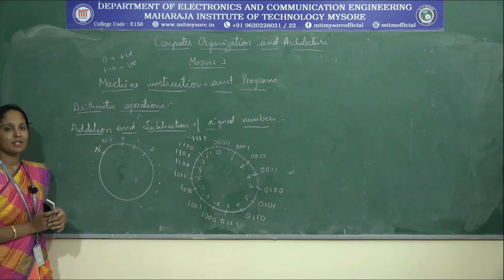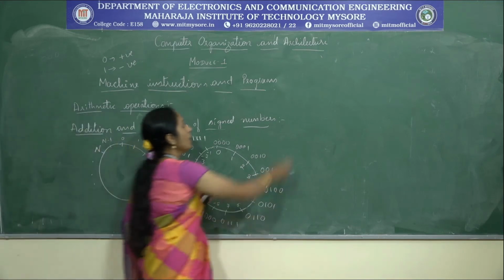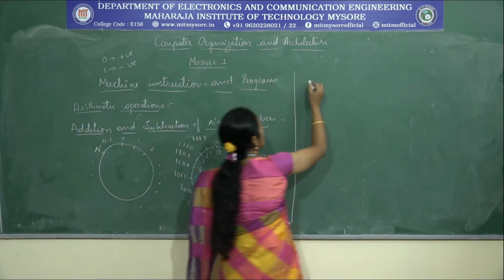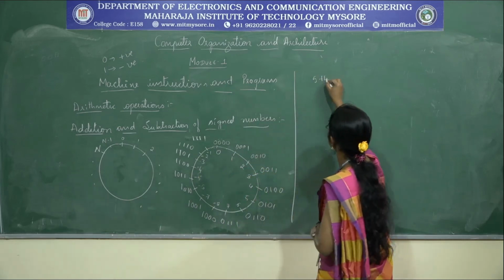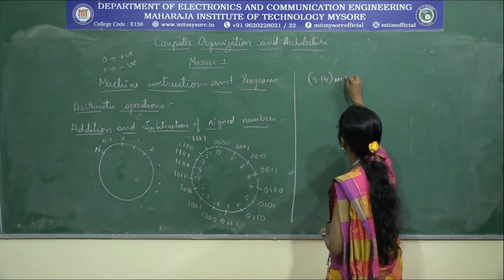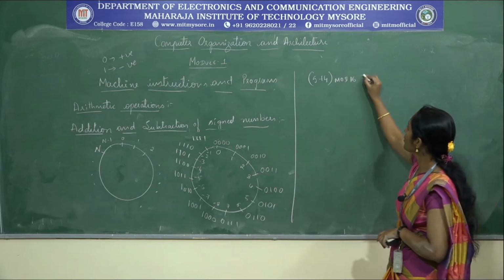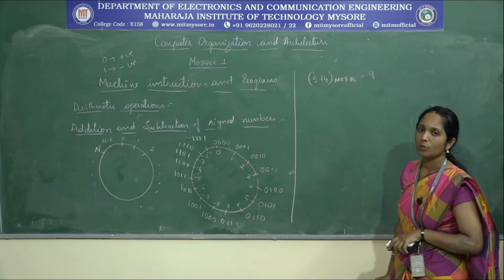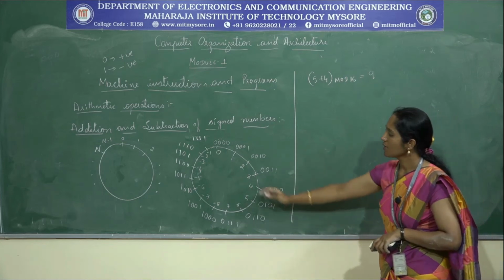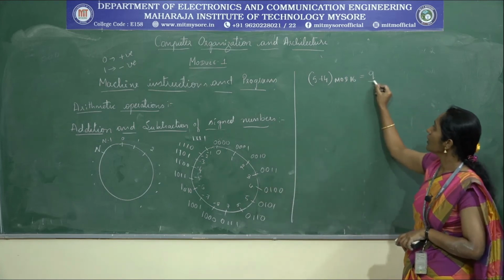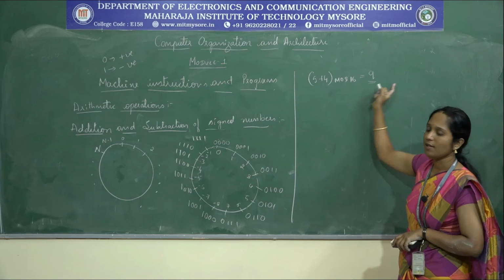So now let us consider as an example the addition of 5 plus 4. If you consider 5 plus 4 mod 16 addition, so 5 plus 4 is equal to 9. So now we are supposed to find out how to use this graphical device in order to find the sum of 5 plus 4 as 9.